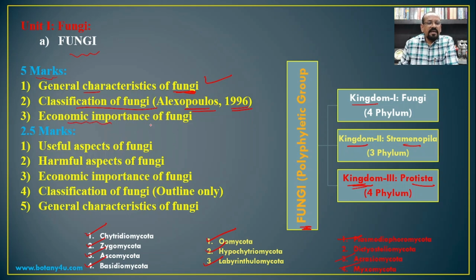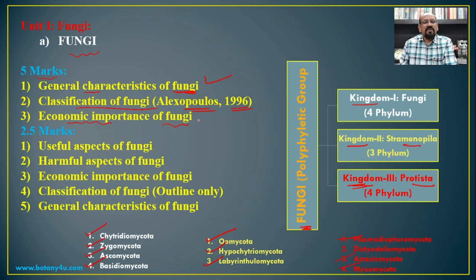Then economic importance of fungi, in which we can provide the negative as well as the positive economic importance. The fungi are used as a food material. The fungi are also useful in different medicine preparation. Fungi are also an excellent source of vitamins and minerals. Again, they are very commonly used in different biological experiments, even in genetic engineering.